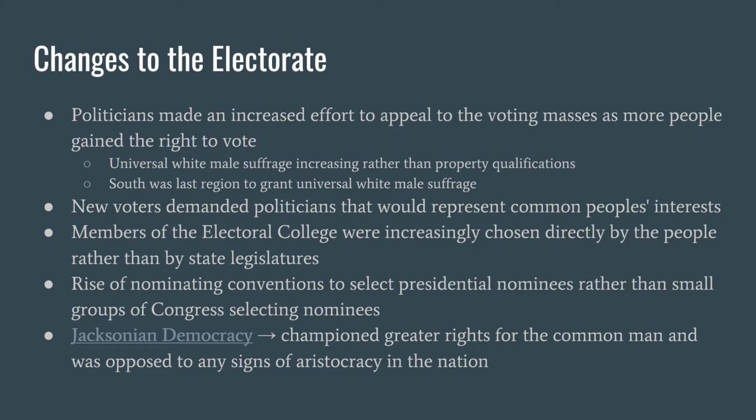The people who can vote are wealthy property owners. The beginnings of American democracy are very much rooted in the upper classes. The common man doesn't have a whole lot of say in government. And we start to see that change in the 1820s.